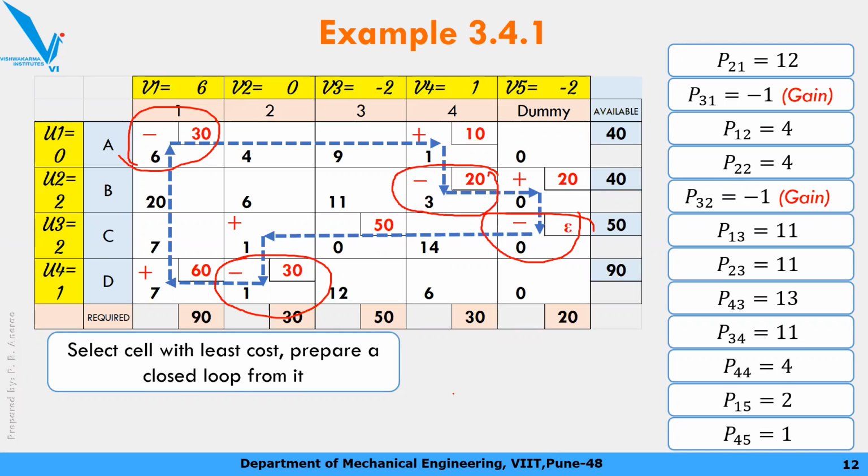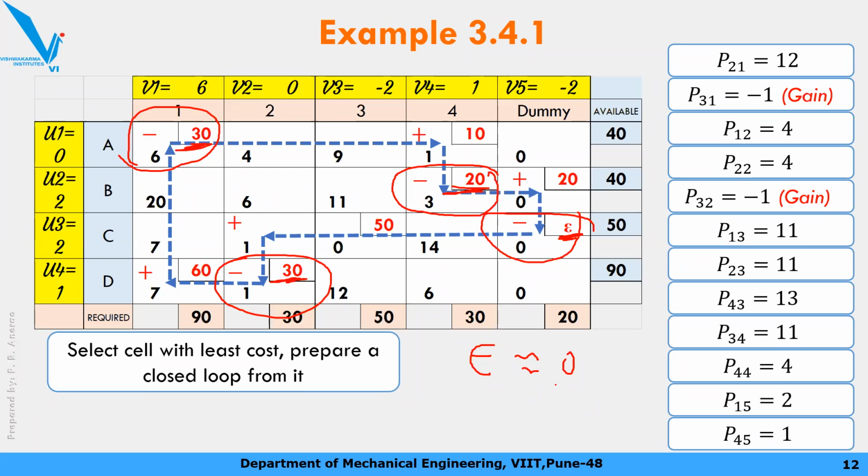Now look at the allocation values. Here they are 30, 30, 20 and epsilon. Select the least value of allocated resources. Which is the smallest? Epsilon, because we know epsilon is almost equal to 0.